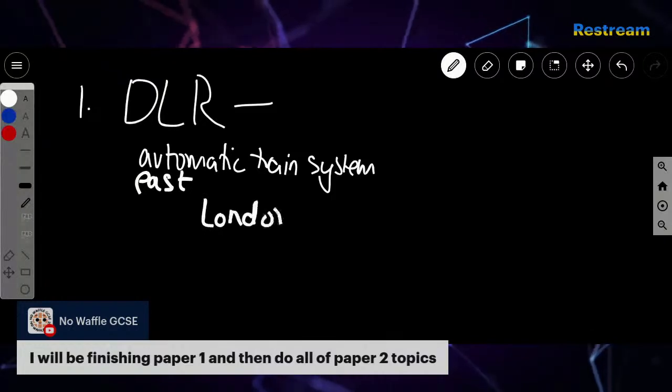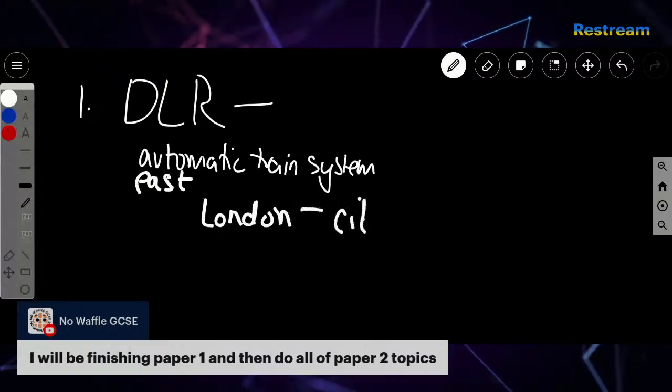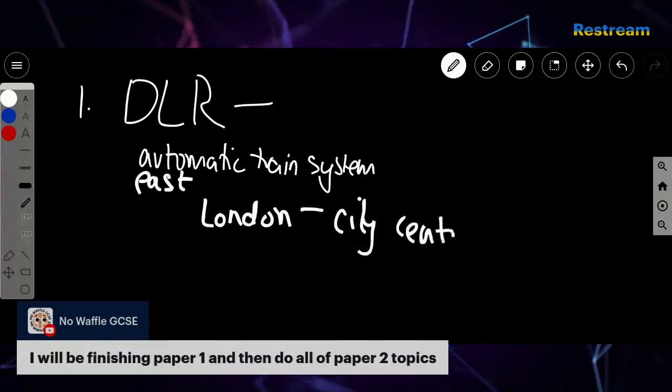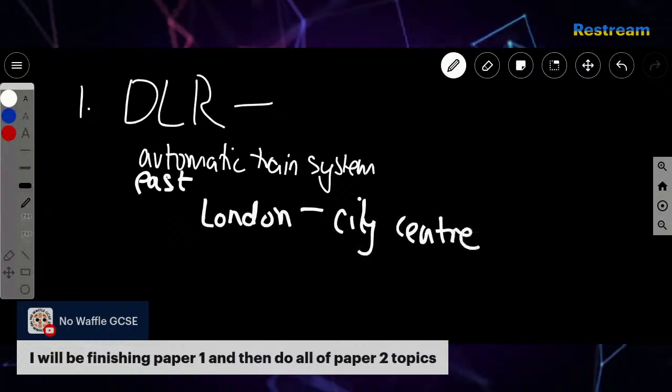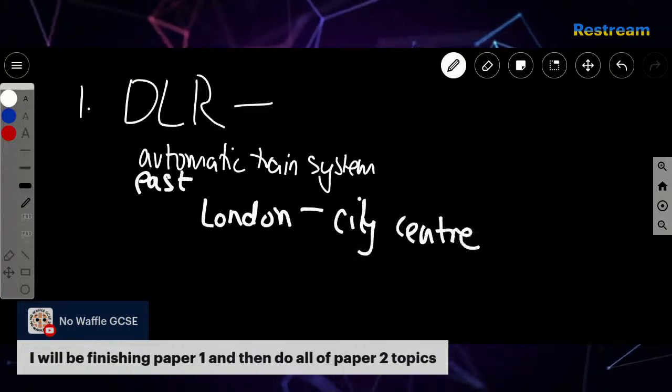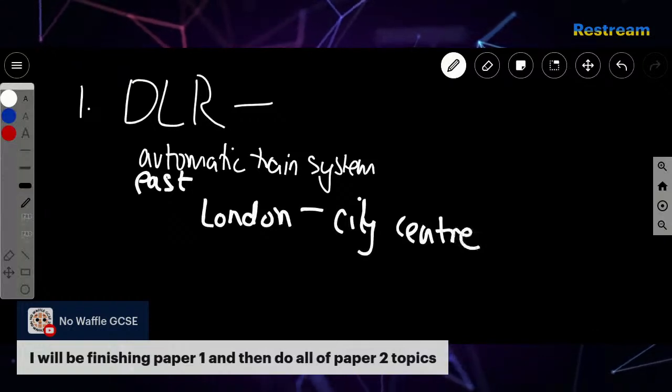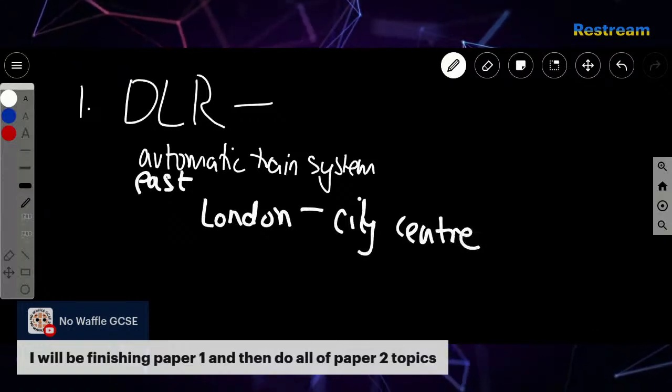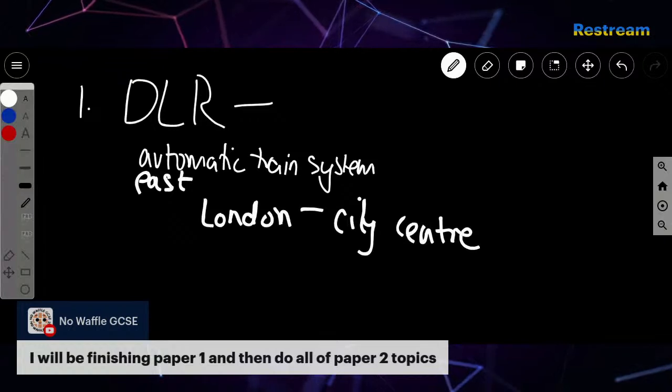And by connecting East London to the city centre, it means that a lot of people who had to rely on cars to get there now could just use this train system.